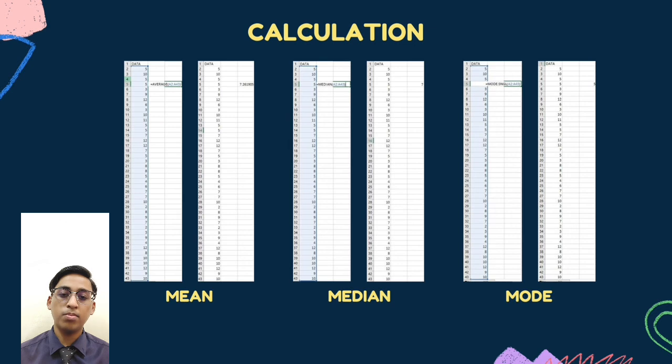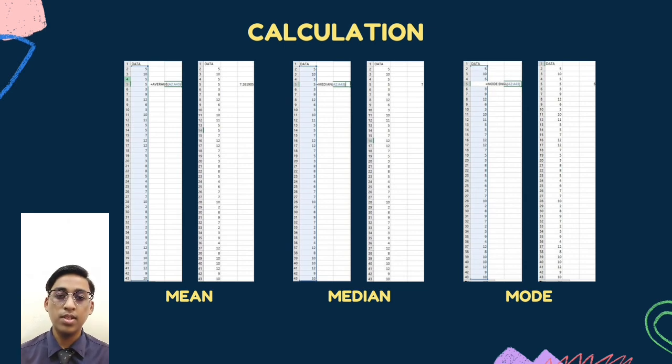I type this formula: equal symbol, then write AVERAGE, open bracket, and put the cells from A2 to A43, which are our respondents. Then press enter, and the result shows 7.26, which means the average screen time is about 7.26 hours per day.